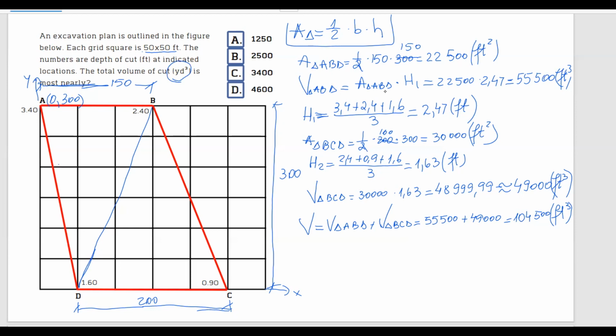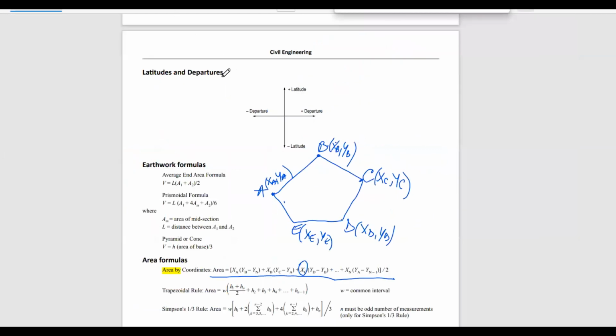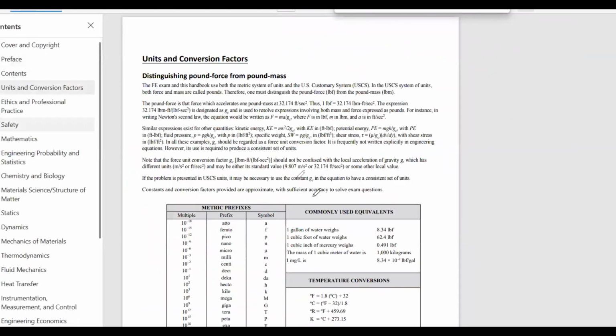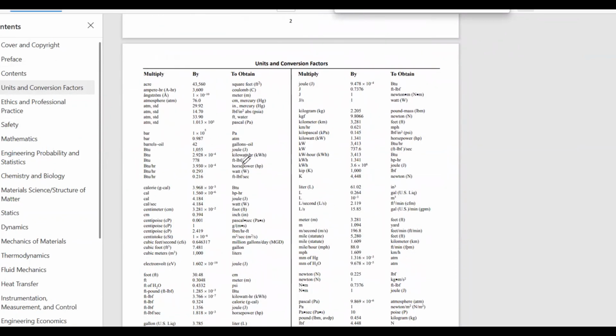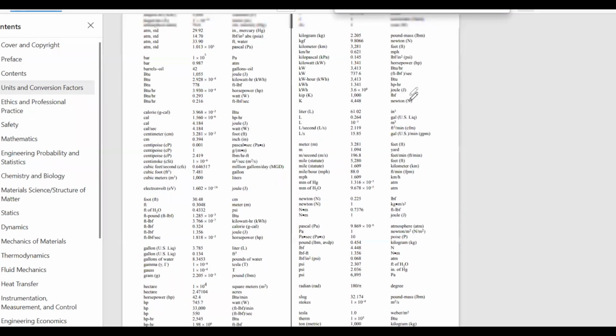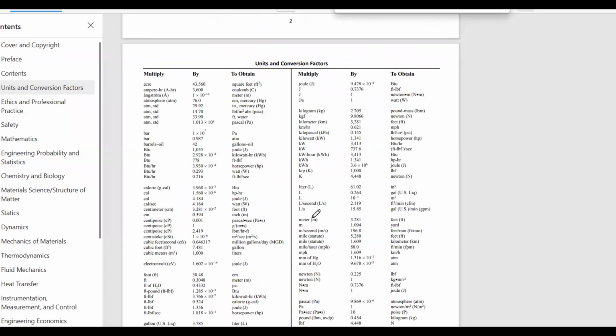Okay, now the FE handbook doesn't really give you a direct conversion of feet into yards. If you go to units, the only thing you have available that is going to help you is this. You have meters to feet, and then you have meters to yards.